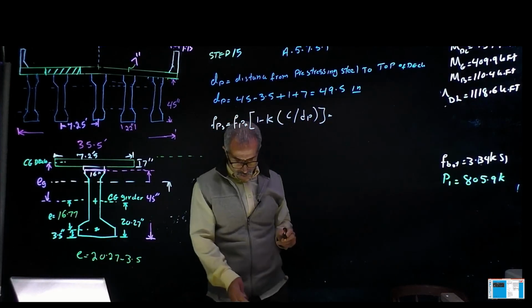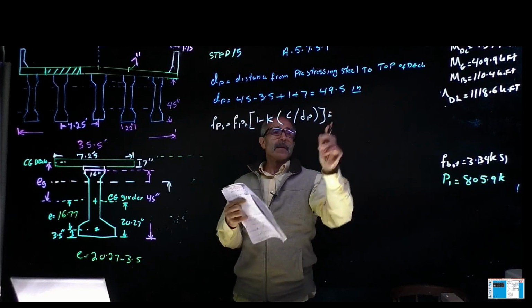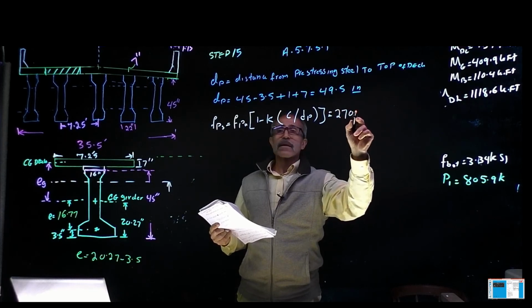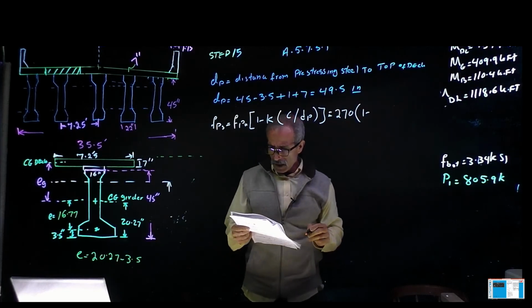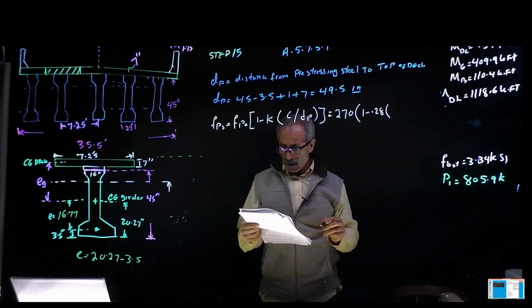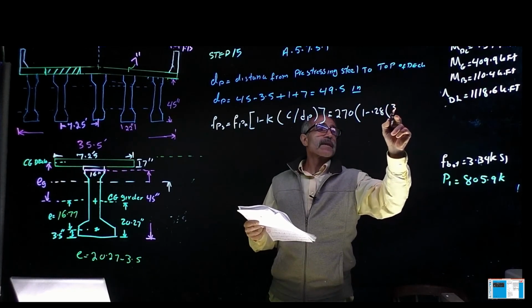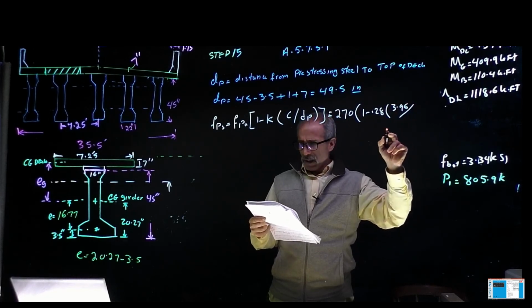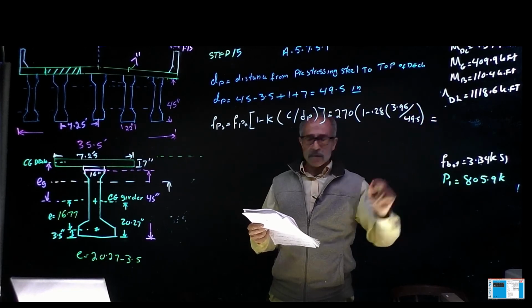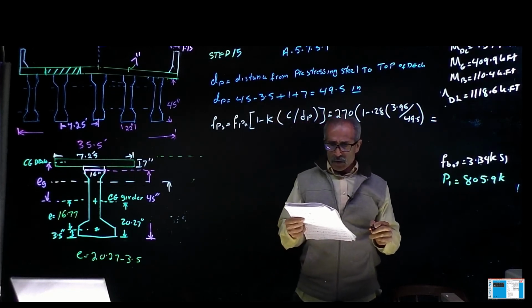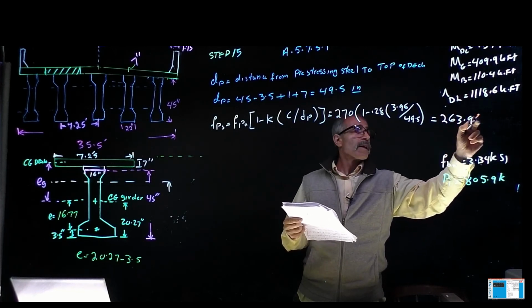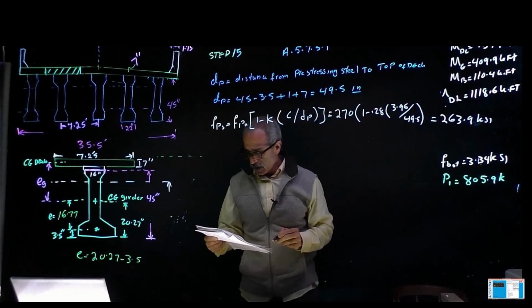And that comes out to 270 times 1 minus 0.28 multiplied by 3.96 divided by d_p, which was 49.5. And that comes out to 263.9 ksi.